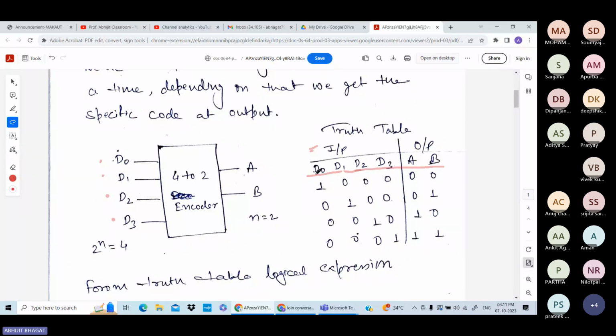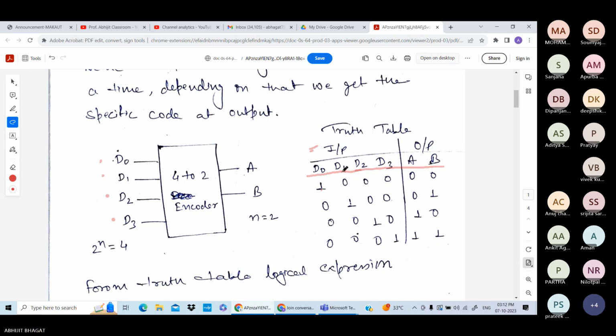When your D0 is active, as we discussed previously, in these input lines a single input will be active at a time, not more than one. So if D0 is active, then D0 will be 1, the rest are all 0. In that case, your output will be 0, 0. A is 0, B is 0.